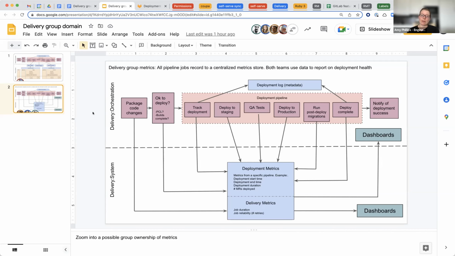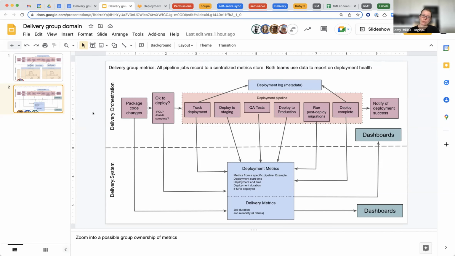We know we've got lots of metrics we can track in deployment pipelines, but at the moment we don't really have a centralized place to do that. So with this split, system can fully define and manage what we want a metrics service to look like and how it behaves. That's our central point that all metrics from delivery live in.